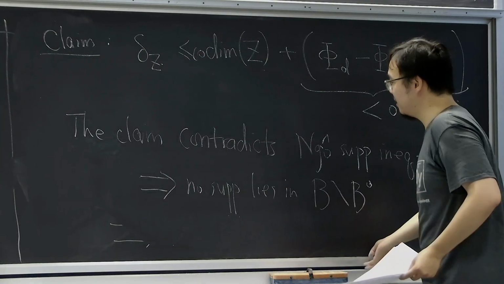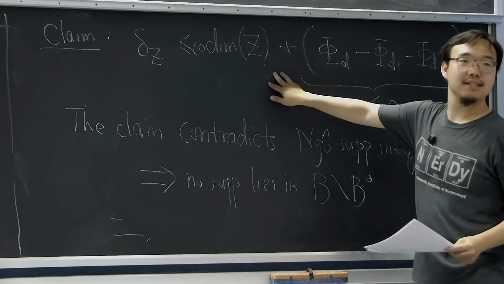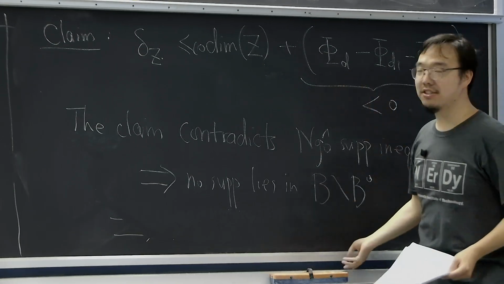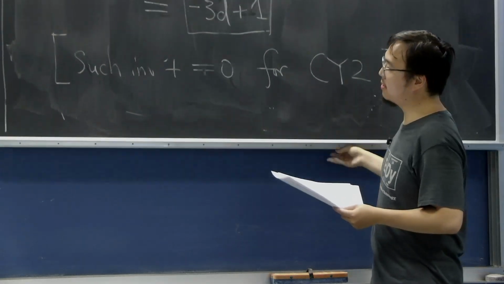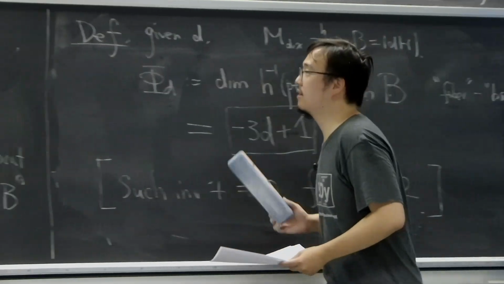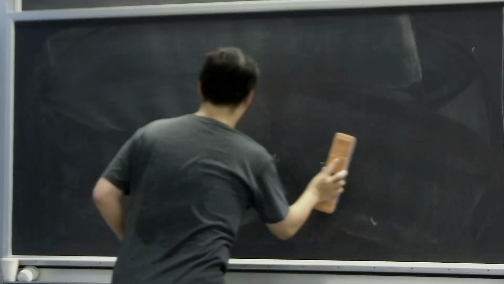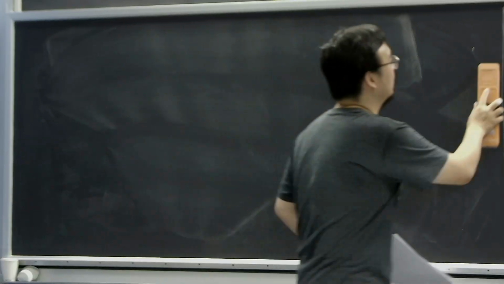Okay, let me explain how to see this, why the correction term is of this form, since the idea of the argument is not so hard.